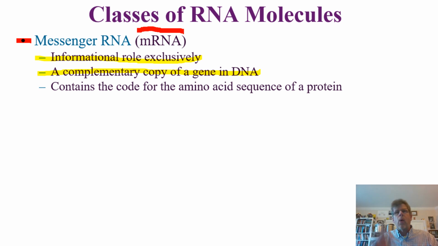When we talk about one protein worth of information, we are talking about that primary structure of a protein, this amino acid sequence, N terminus to C terminus. And it contains the code for, as we said before, that amino acid sequence of a protein. So messenger RNA is an informational role exclusively.